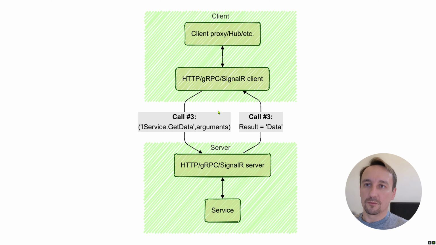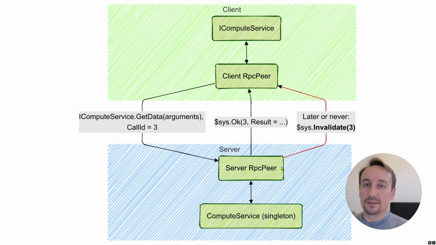You probably already know why it's not enough for Fusion. You see that we send one message to make the call, and the server responds with another message that delivers the result. In Fusion, there can be a third message called invalidate. Why am I saying can be?